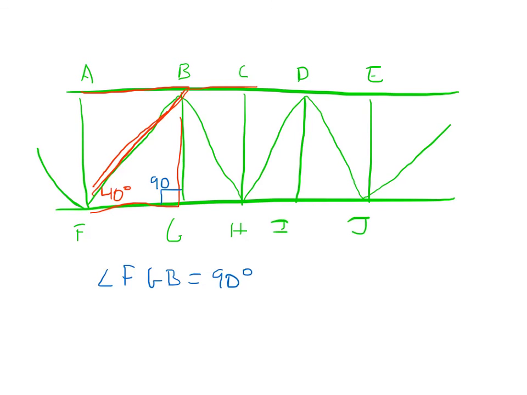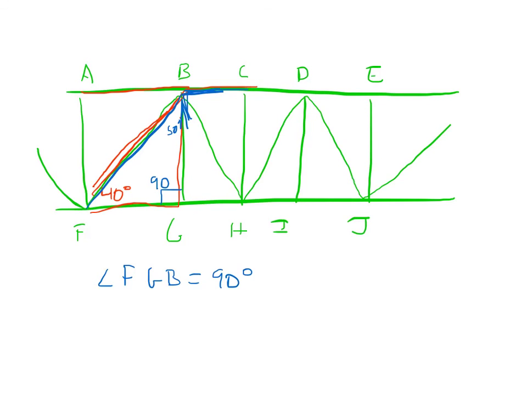Alright, now this angle here we can determine a couple of different ways, but probably the most accurate way here would be to use the total of the triangle. We have 90 plus 40, 130, so that means this angle up here will be 50, and we know that this angle right here is a 90-degree angle.